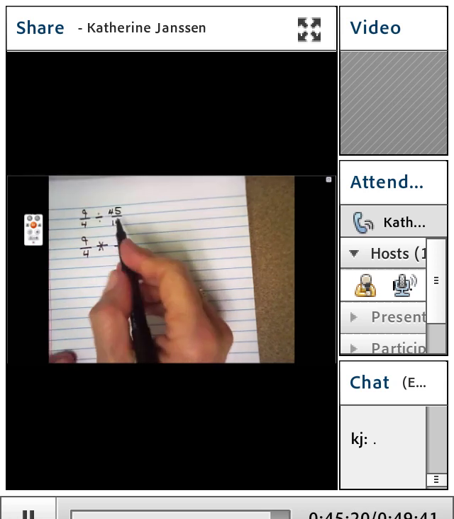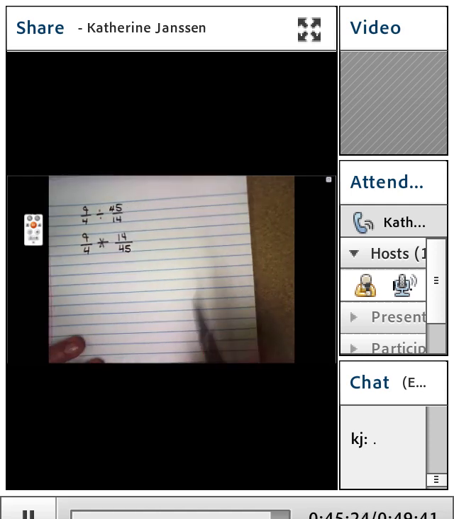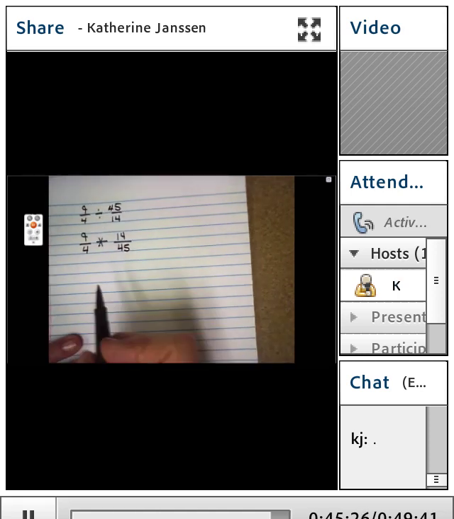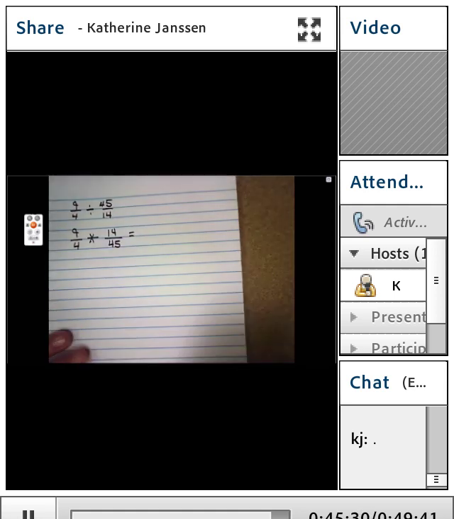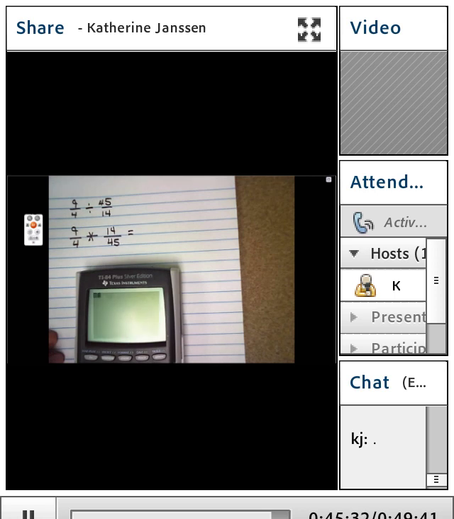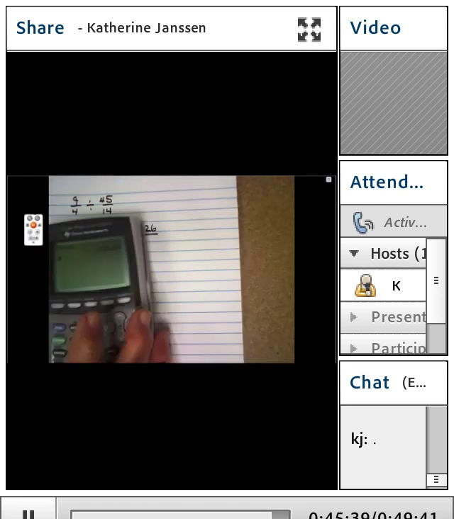So we interchange the numerator and the denominator. Multiplication of fractions is a piece of cake. 9 times 14 is 126. 4 times 45 is 180.